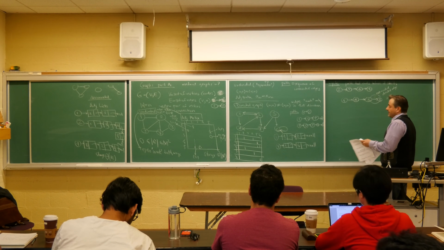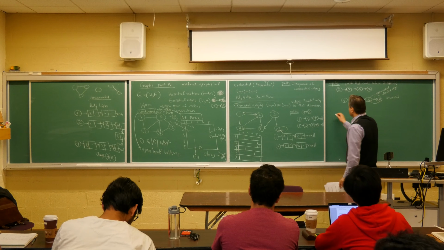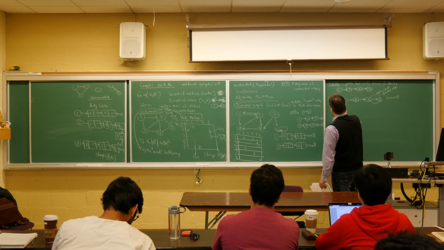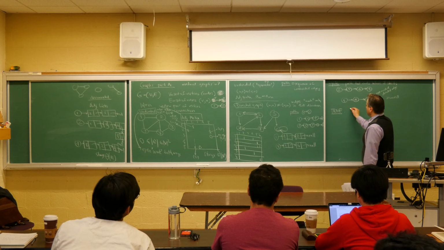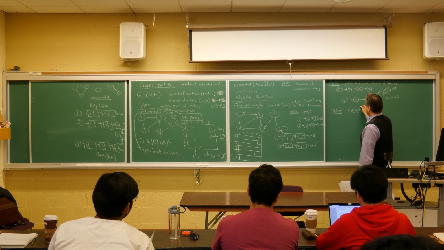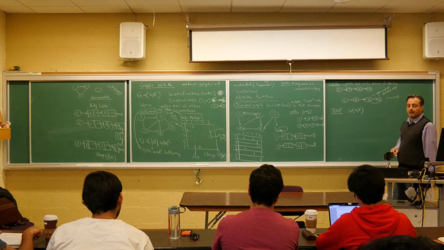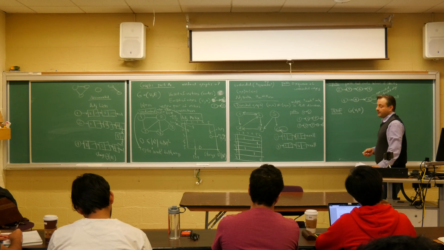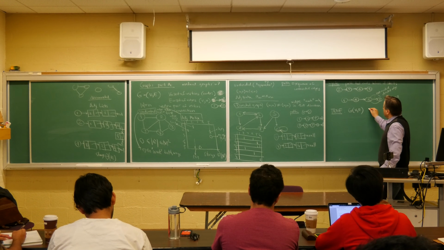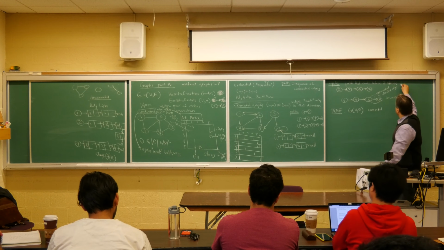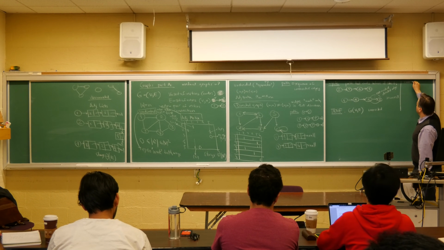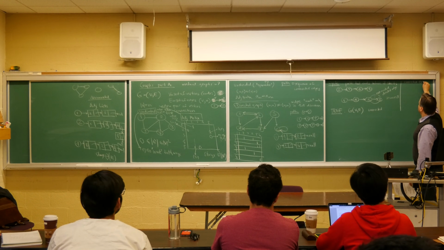Since we are here, let's define formally what a tree is. What is a tree? It's a graph that must have a property that it is connected. So first of all, what is connected for a graph?